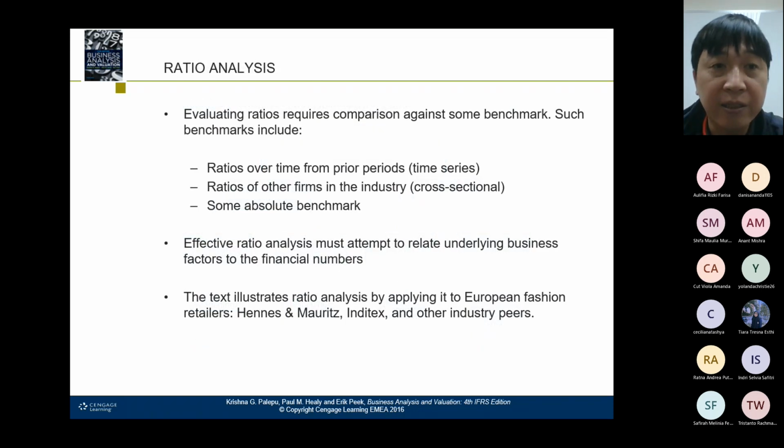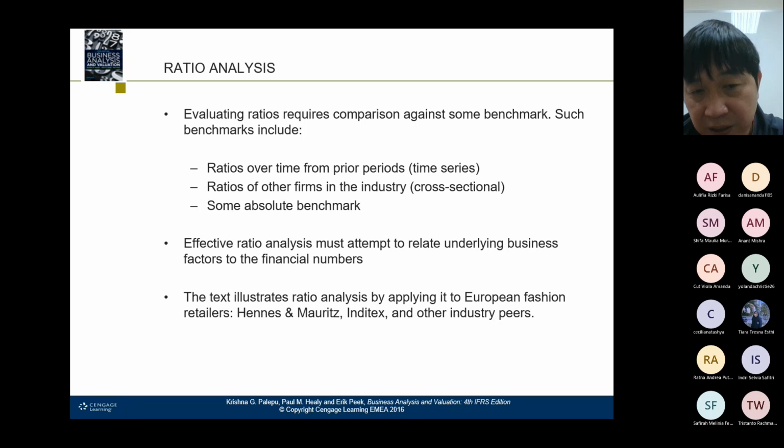Evaluating ratios requires comparison against some benchmark. Benchmarks include the ratios over time from prior periods, ratios of other firms in the industry, and some absolute benchmarks. Effective ratio analysis must relate the underlying business factors to the financial numbers.